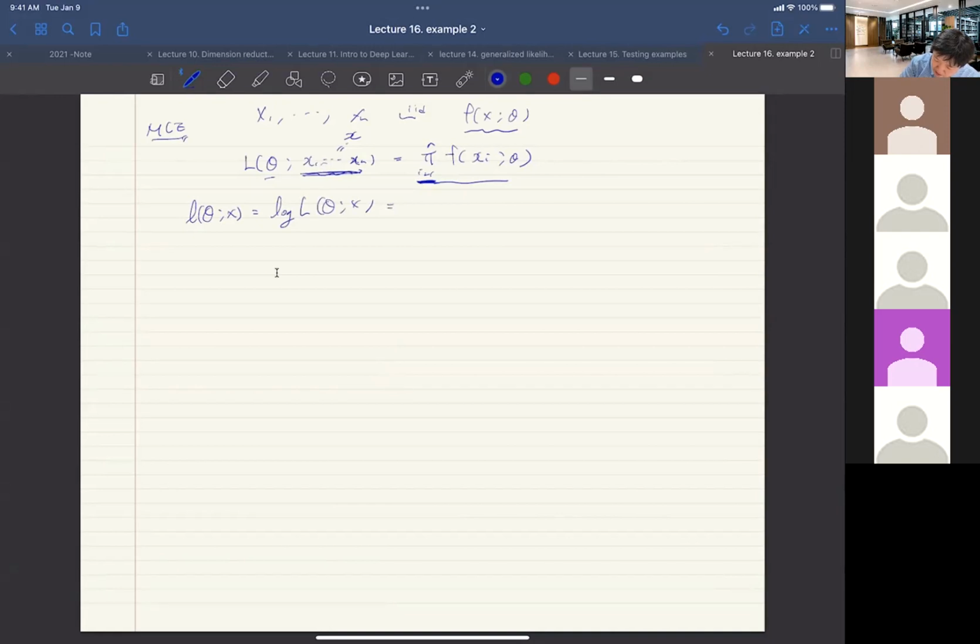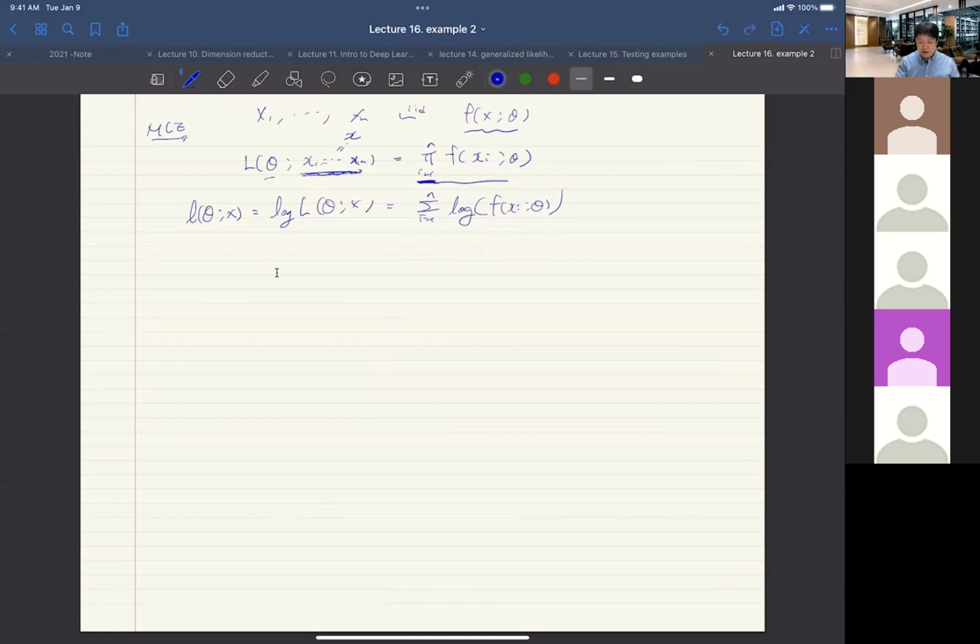Then it's easier because we can rewrite this as a sum of logs. Furthermore, if you divide this by n, you can see this is a form of the weak law of large numbers. So we can do something with this log likelihood.